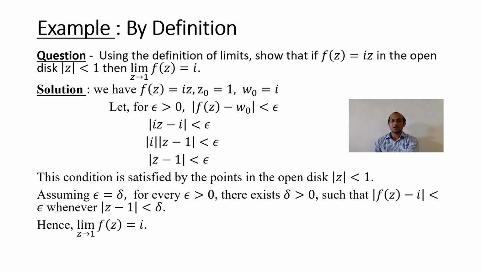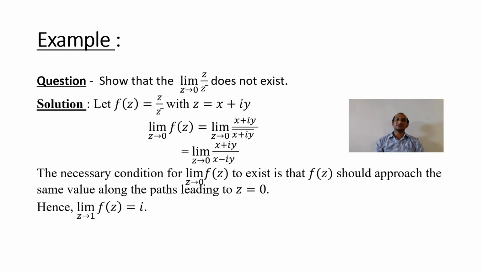Right? Now, next example. This is not by definition, but here show that the limit z tends to 0 of z upon z bar does not exist. That means here our question is showing that the given limit does not exist.